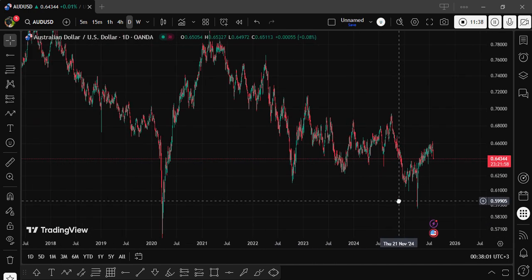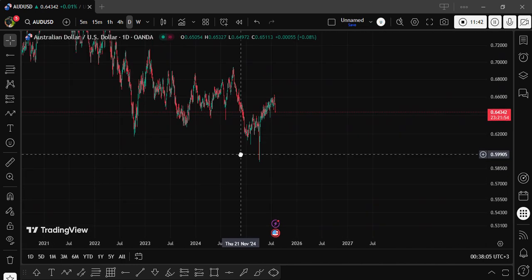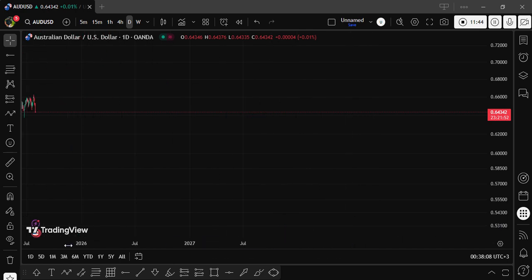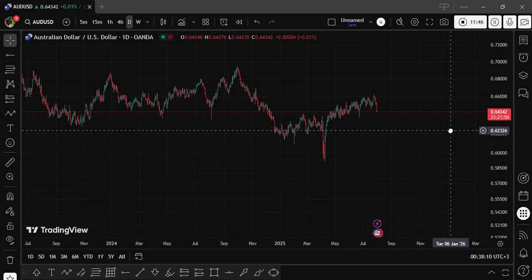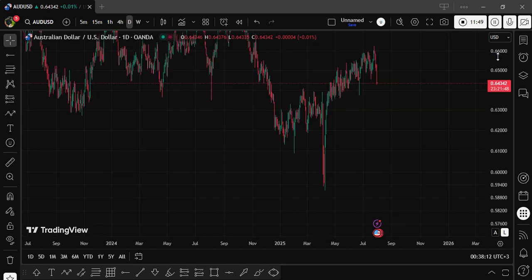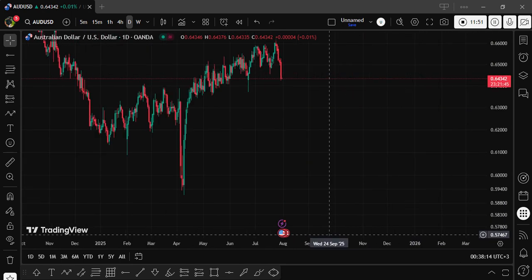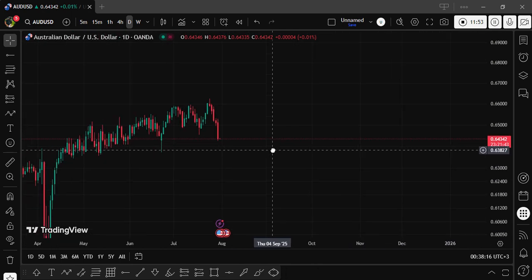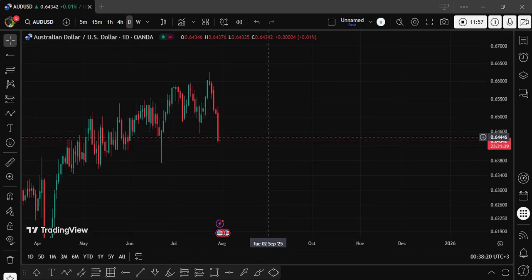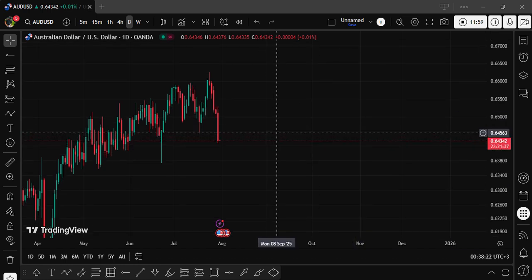As you can see, market structure is kind of bearish. You understand? But right now, what I would look for is selling opportunities. Reason being, if you can see, market actually broke this low and closed below it. You understand?